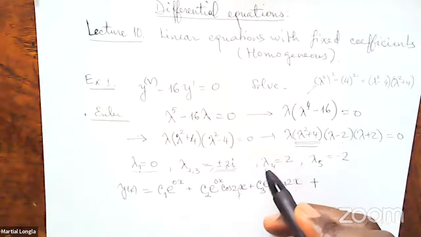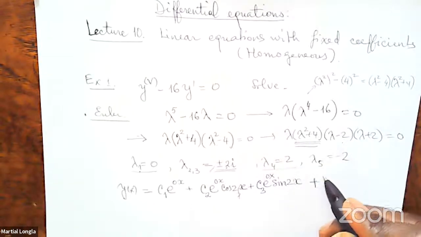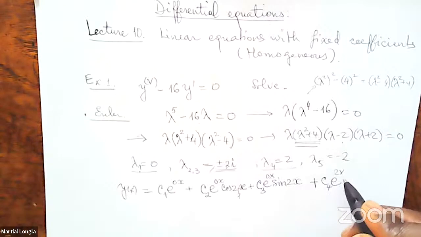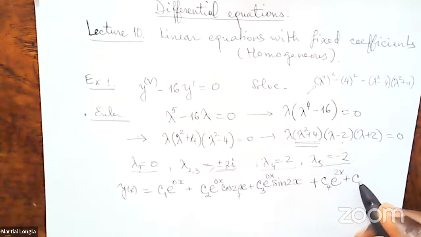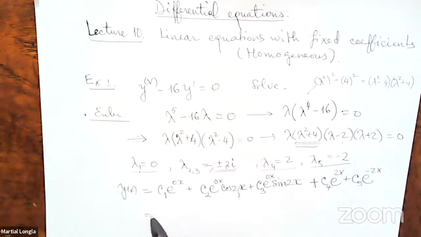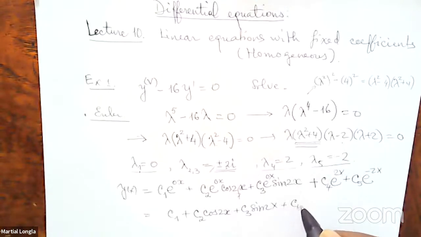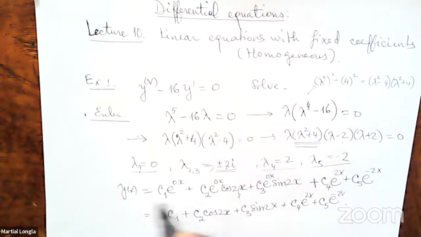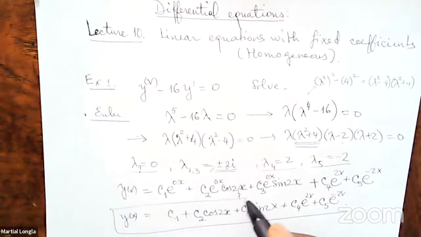And then lambda 4, that's a simple root, that's c4 e to the 2x. And lambda 5 is a simple root, that's c5 e to the minus 2x. And now you can simplify this. This is c1 plus c2 cosine 2x plus c3 sine 2x plus c4 e to the 2x plus c5 e to the minus 2x. And so this is the general solution of the original equation.